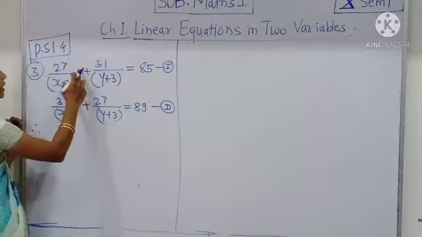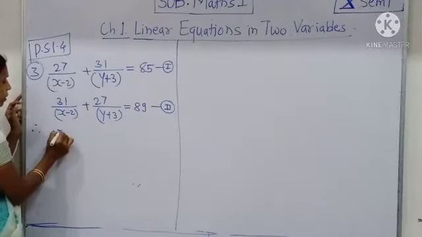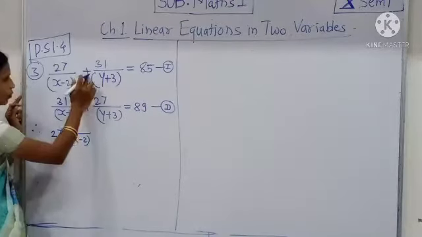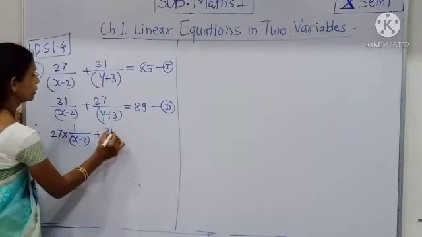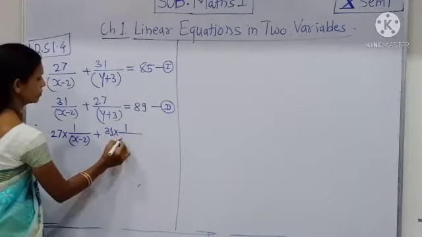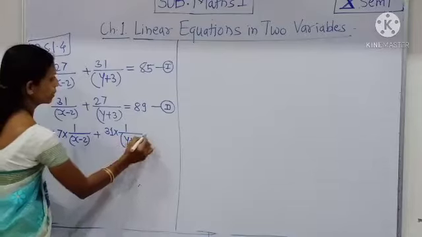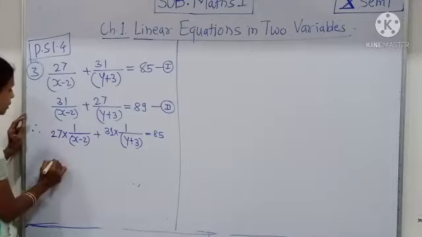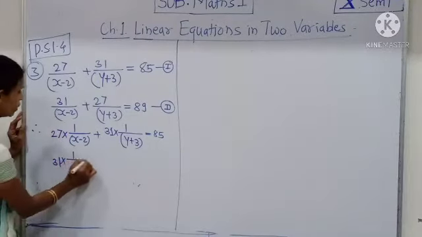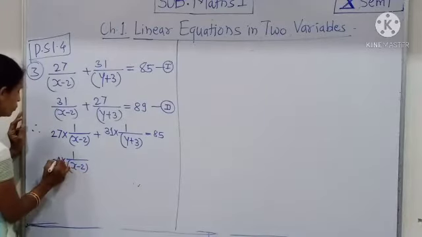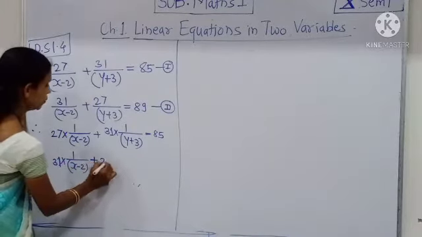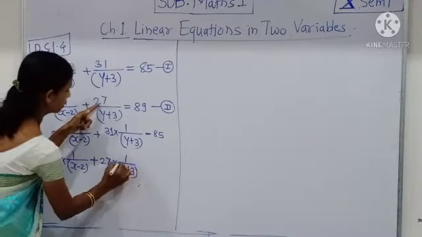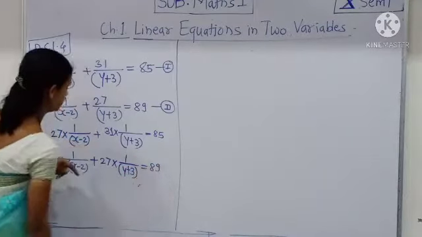Therefore, rearranging equations 1 and 2, we get 27 into 1 upon x minus 2 plus 31 into 1 upon y plus 3 is equal to 85, and 31 into 1 upon x minus 2 plus 27 into 1 upon y plus 3 is equal to 89.